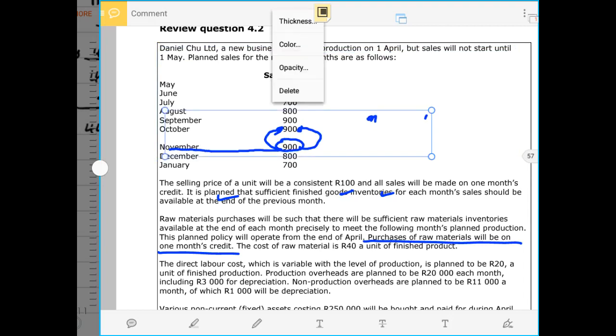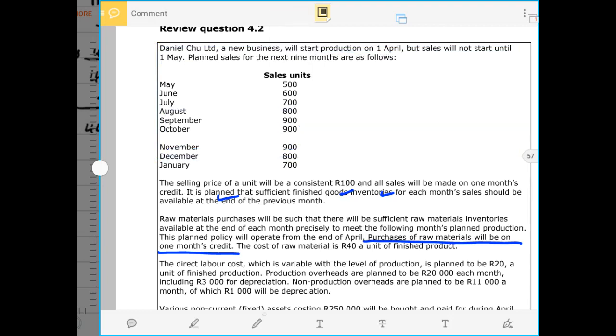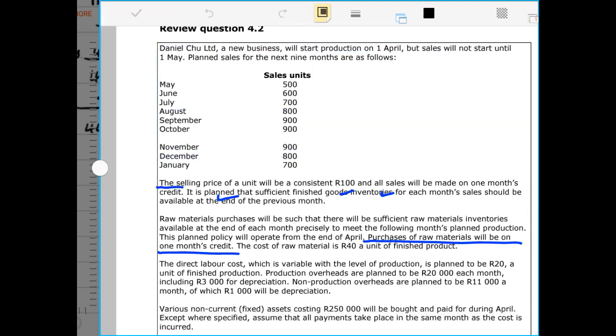Our sales for each and every month are given here. We just have to take the selling price per unit, which is 100 rand, and multiply everything by 100. So now, a very easy budget to take into account.